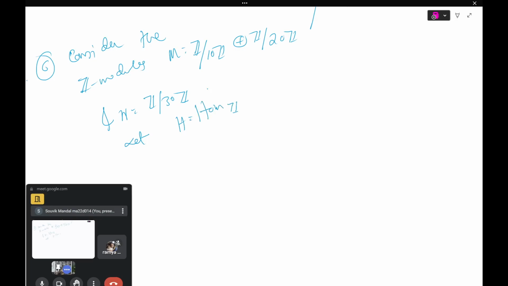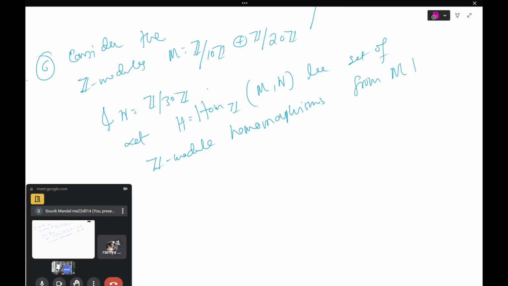H is equal to Hom(M, N), the set of Z-module homomorphisms from M to N.